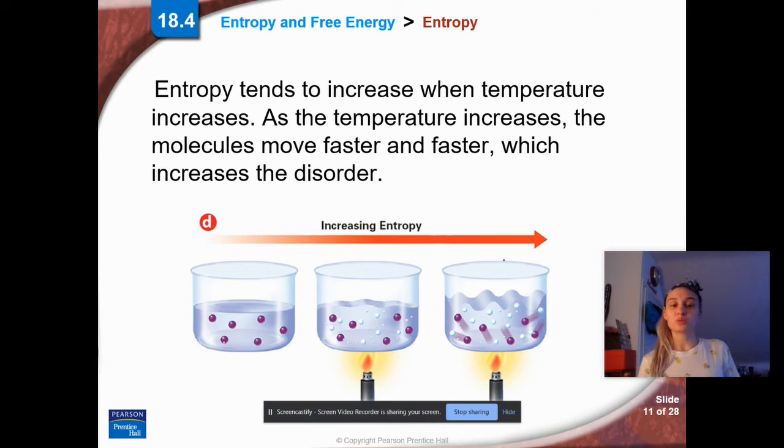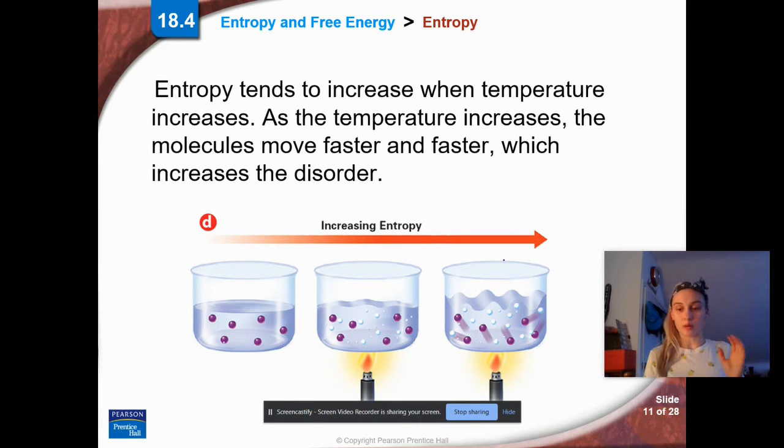And then the last way you can increase entropy is increase the temperature. We know that temperature is a measure of how much energy the particles have. So remember, when we're measuring temperature, it tells us the average kinetic energy of the particles in that substance.